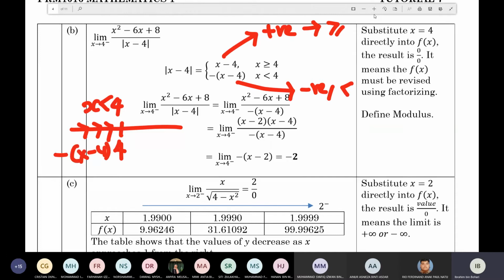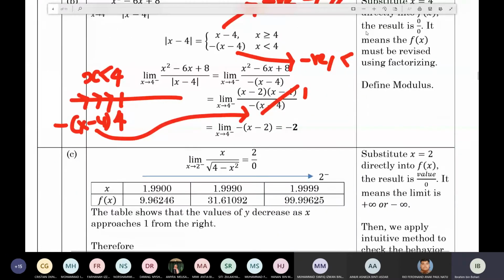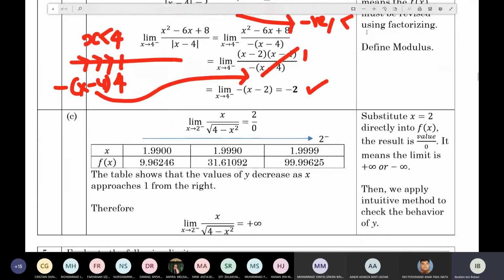You replace the denominator with the negative x minus 4, and factorize the numerator, x minus 2 times x minus 4, and here you cancel, equals to negative 1. Then you substitute 4 here, and answer equals negative 2. And question C, limit of x over sqrt(4 minus x squared).